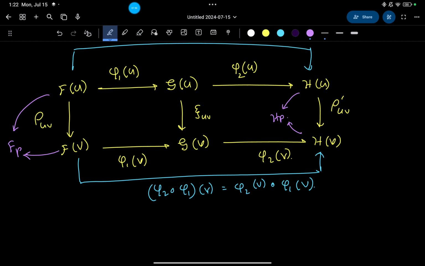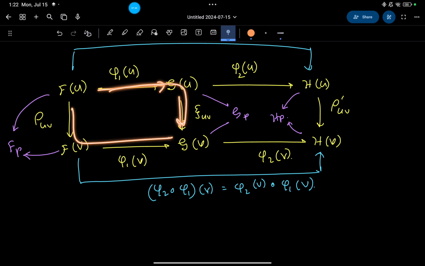So we have G_P like this here. This diagram and this diagram commute, right? Again this one and this one, so this diagram commutes.